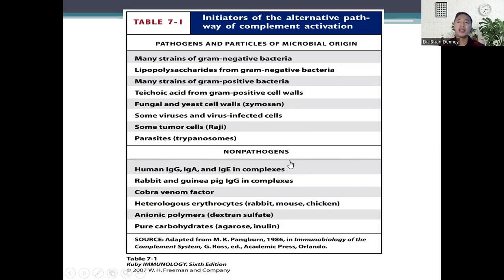There is a prerequisite for IgG, IgA, and IgE to activate your alternative pathway: they have to be in complexes. Unlike your classical pathway, where the IgG and IgM involved are standalone antibodies that bind to the surface of the cell, and thus the pathway goes on, for your IgG, IgA, and IgE to cause activation of your alternative pathway, they must be in complexes. Remember, IgA and IgE do not cause activation of your classical pathway.